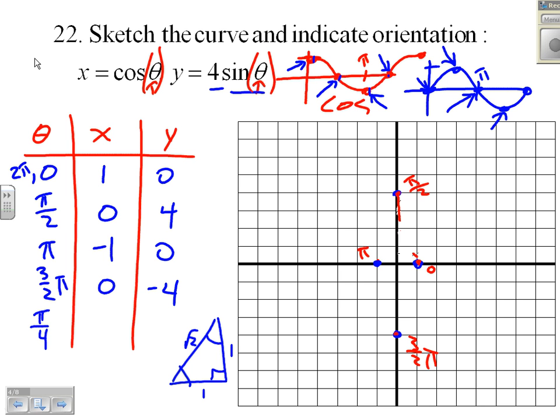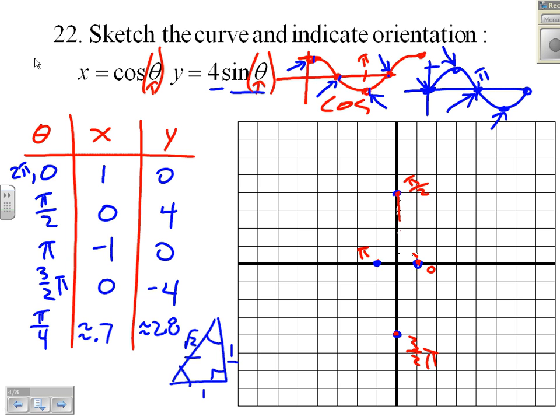The cosine of pi on 4 is 1 on root 2, which is root 2 on 2, about 0.7. And y is 4 times the sine of pi on 4, which is 1 on root 2, about 4 times 0.7, about 2.8. I realize we're dealing with a little bit of rounding error, but you're going to see my point here.